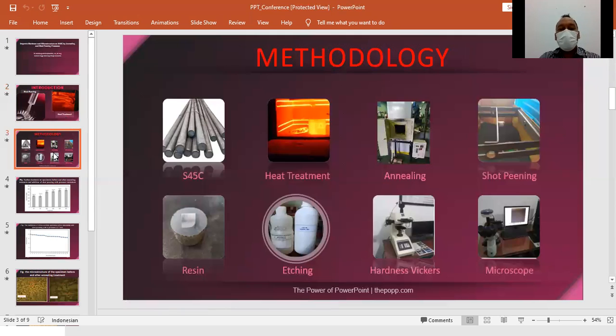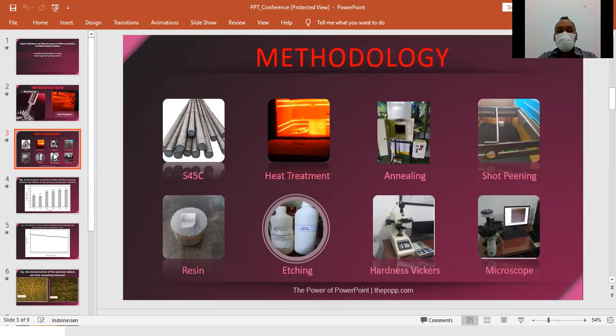The process of making the specimen is carried out by cutting with a cutting grinder and continuing the machining process to smooth it so that the carbon steel is ready to be treated, with dimensions of 25 millimeter diameter and 30 millimeter thickness.